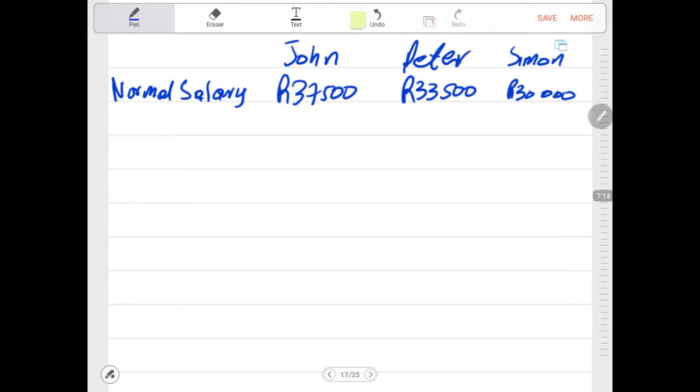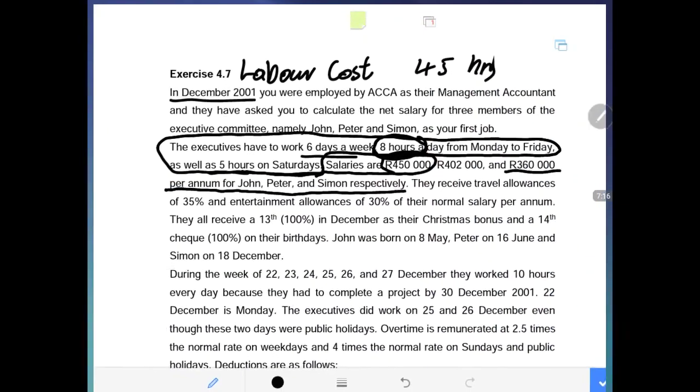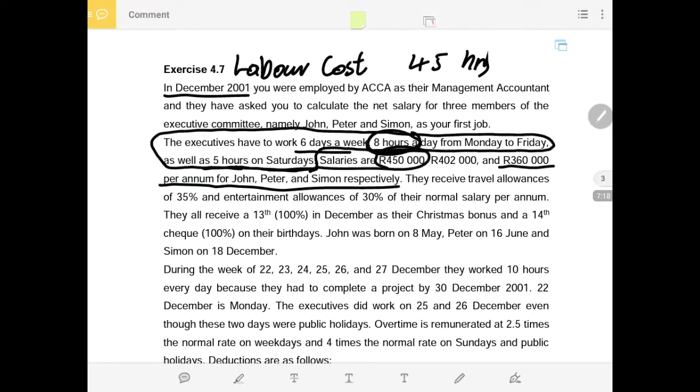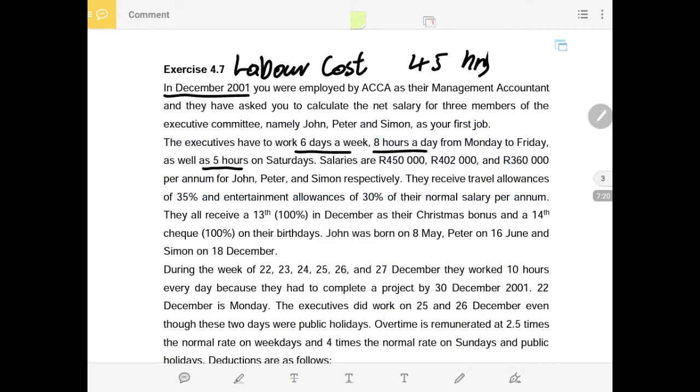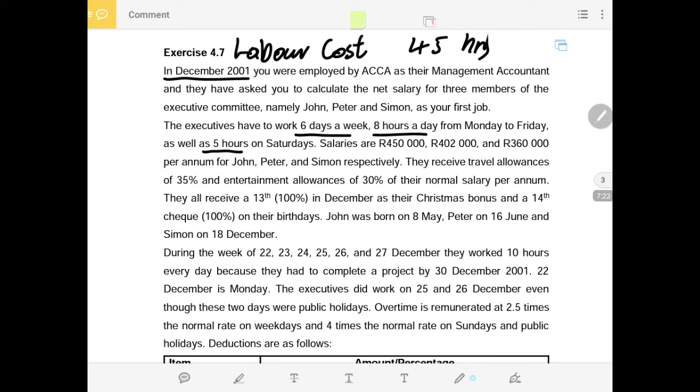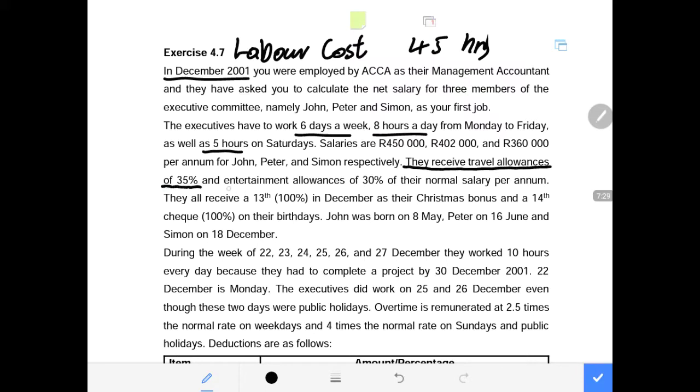Now let us read further as we analyze and paste the information where it's supposed to be recorded. It says they receive a travel allowance of 35% and an entertainment allowance of 30% of their normal salary per annum. That is the normal salary per annum, but we are doing the wage statement for the month of December.